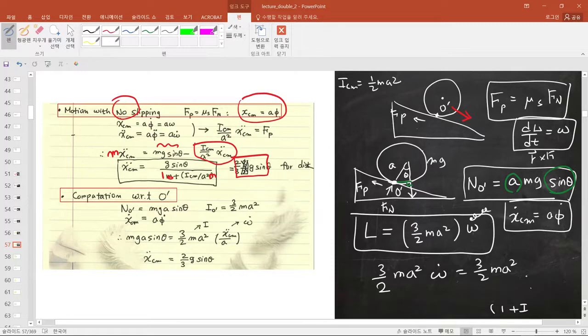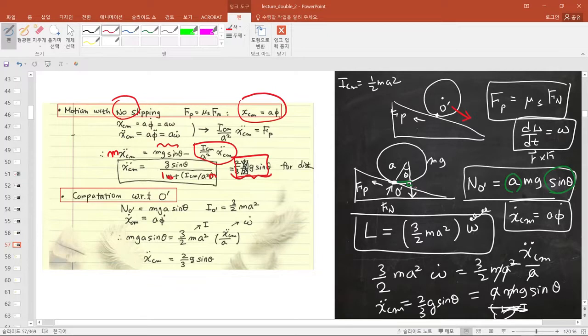Omega dot is 1 over a times x center of mass double dot, because this is omega, should equal a mg sine theta. Okay, and that gives you x center of mass double dot should equal to what? m cancels, and this 3/2 gives you 2/3 a squared, a cancels, and g sine theta. Okay, which is this one, which is this one.